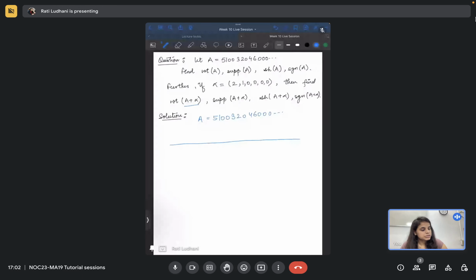Now how many positions? So this is 0. I'll change the color. So this is 0 1 2 3 4 5 6 7 8 9. I'm just writing 9, but that is not required, you can go up to 9 and write it later.